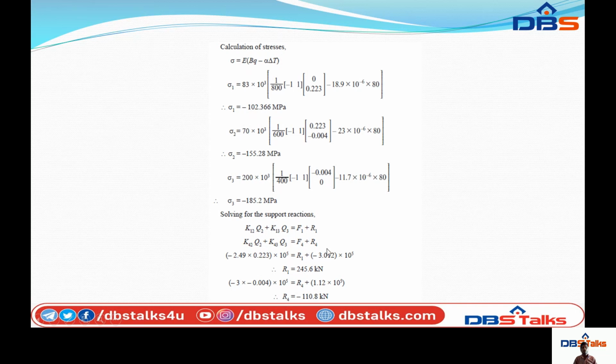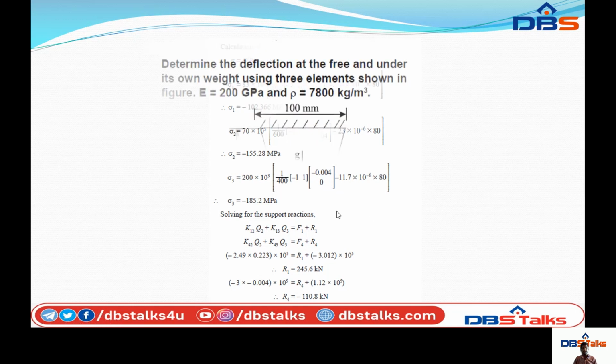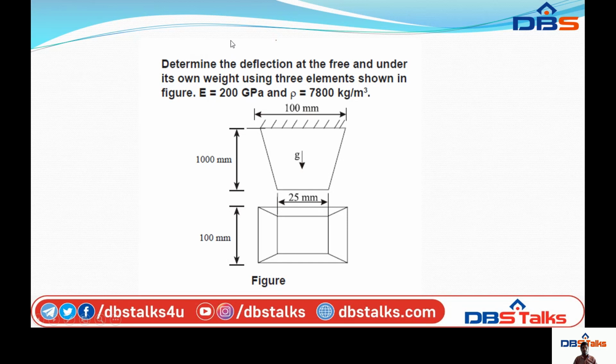This is the problem on stepped bar. We already did this problem in the previous class, but I'm revisiting this stepped bar or non-uniform bar problem, because it helps in understanding the problem on tapered bar. Today, the problem on tapered bar.